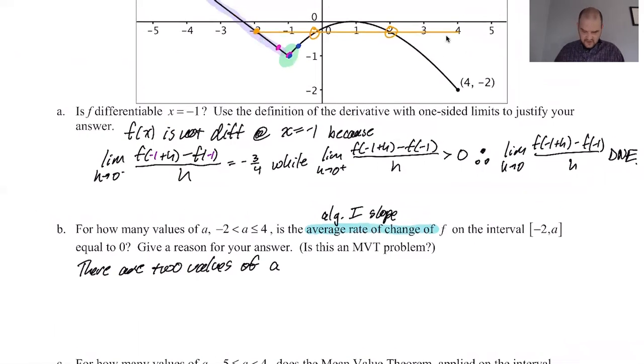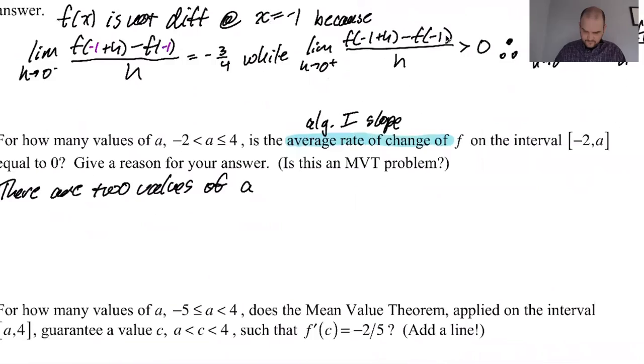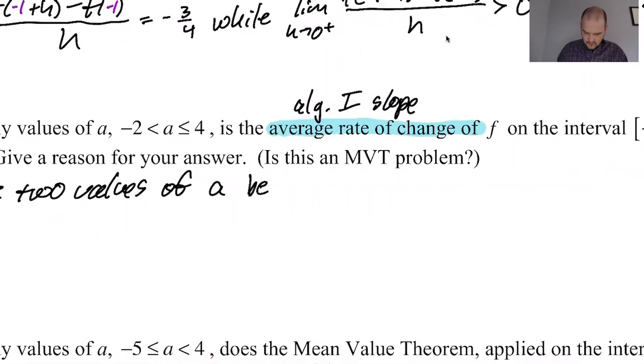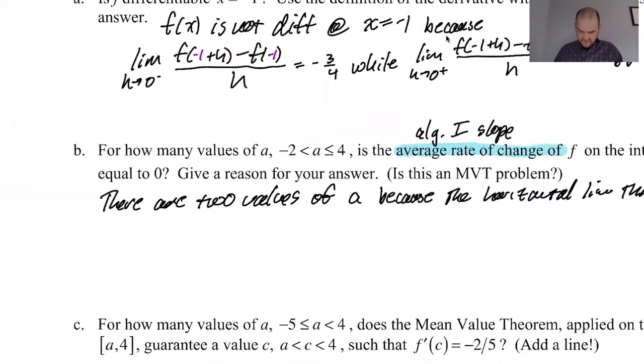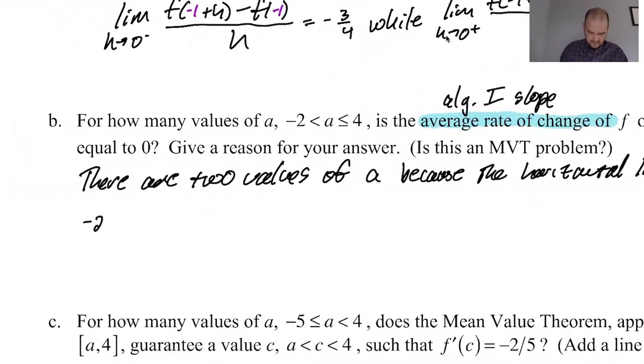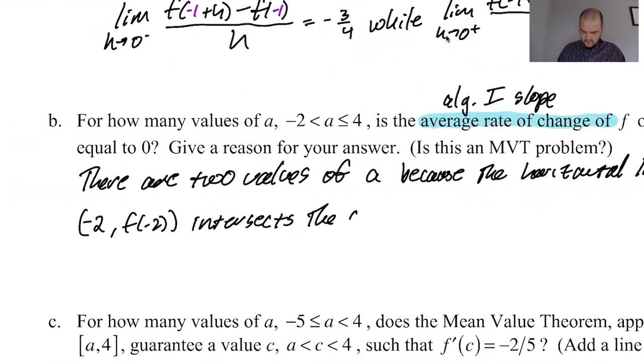I'm going to say because the horizontal line through -2, f of -2, let's say, intersects the curve twice on the interval.